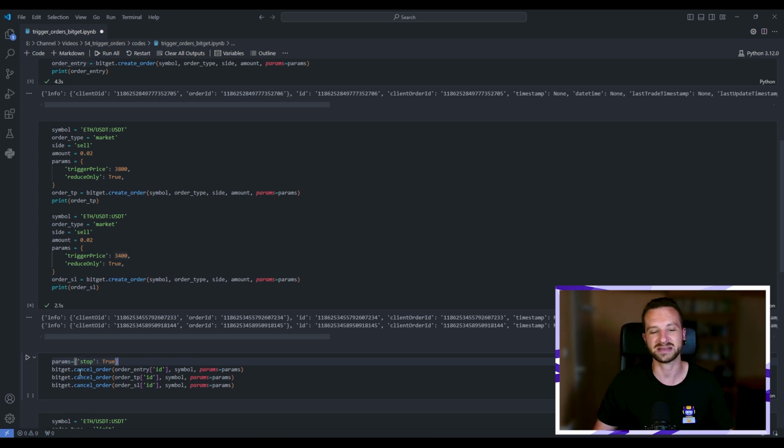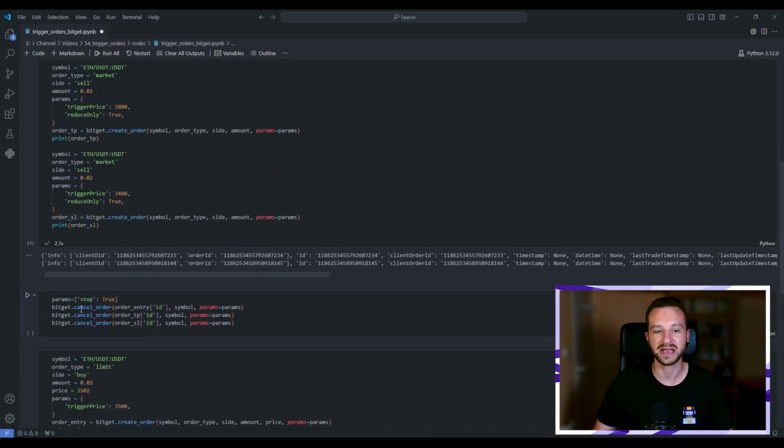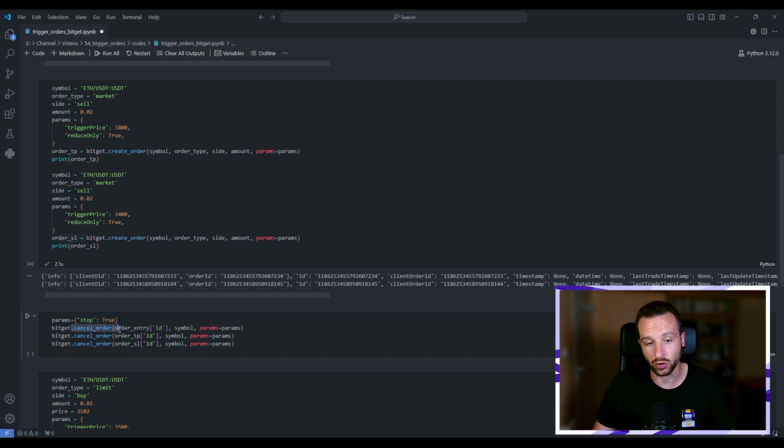One thing that is important is that one of the reasons why I was saving these outputs here, order TP, order SL, and here my order entry, is because in the cancel order method of CCXT, you need to give first the ID of the order, which you can actually see here.